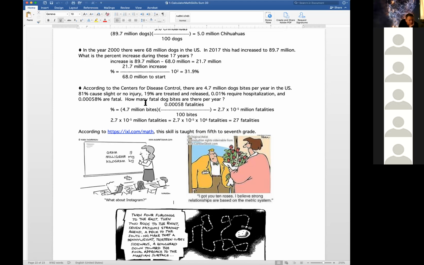Okay, I got 4.7 million bites, and here's the number that are fatal. That's 0.00058 fatalities out of every 100 bites. So that means that there's 2.7 times 10 to the fifth million fatalities. So if I were to turn that into a real number, that's about 27 fatalities per year from dog bites.